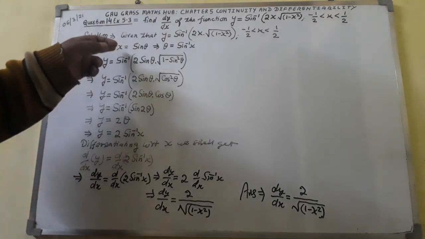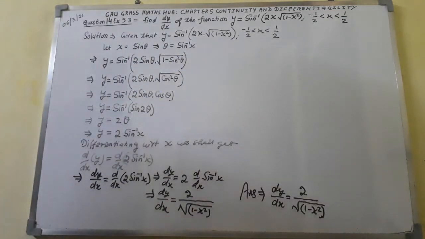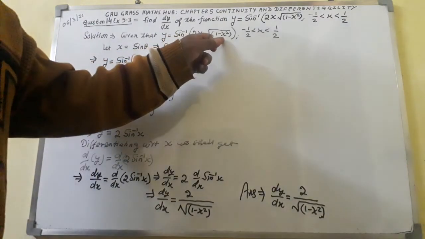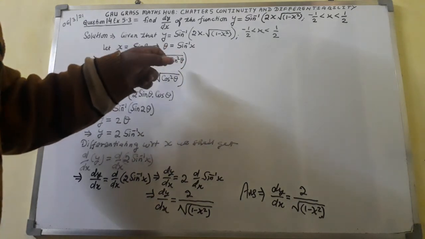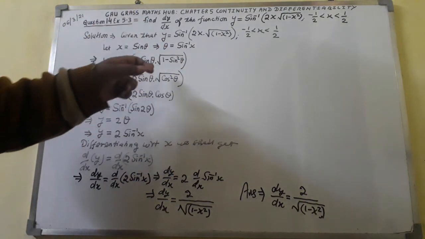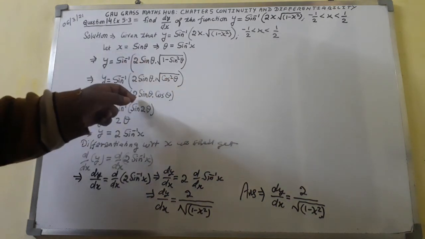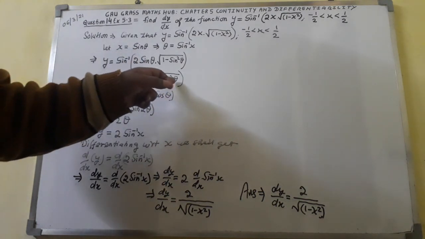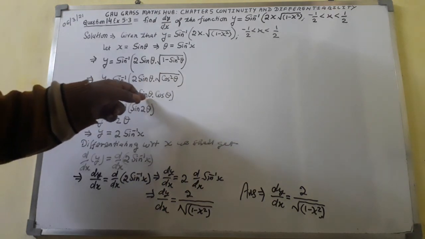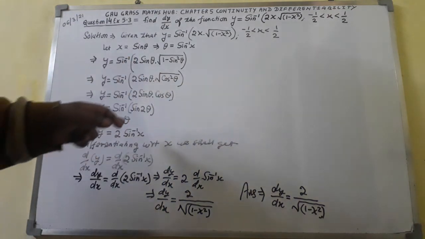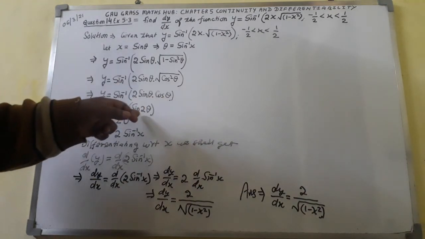Here you can see x is equal to sine theta, so theta is equal to sine inverse x. In place of x, I write sine theta, so it becomes 1 minus sine square theta, which is equal to cos square theta. Under root cos square theta comes out to be cos theta. So you have got 2 sine theta times cos theta. The formula is 2 sine theta times cos theta comes out to be sine 2 theta.